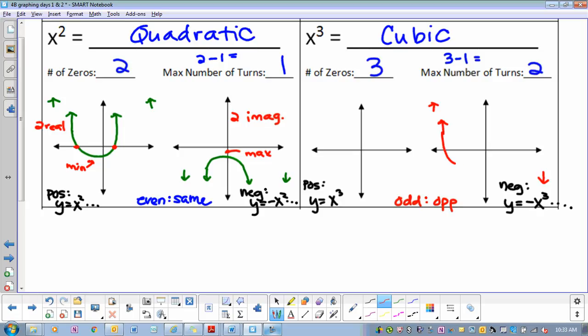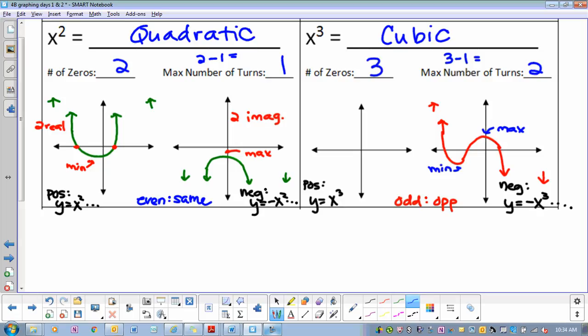Let's see. 1 turn here, right? 1, 2, and then we're down. Sorry. So then I have a minimum here, a maximum here, right?